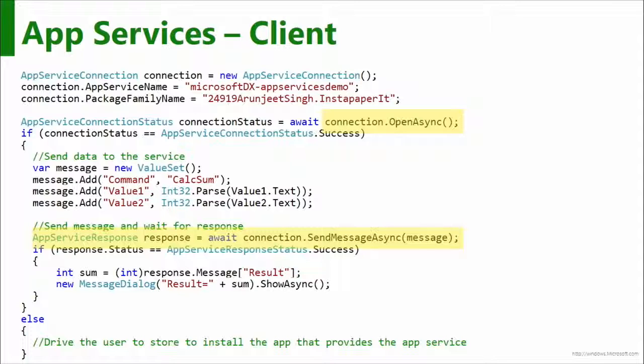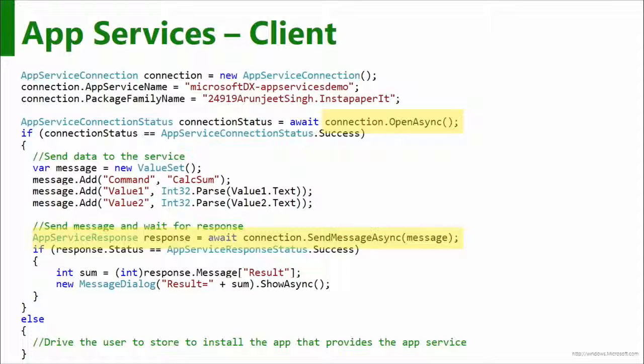You just store in it a string key, and then you can put any serializable object into that value set. That's right. So you can send that over, and it can be arbitrarily long. You can put a number of different values into that. Send it over using send message async to the other end.